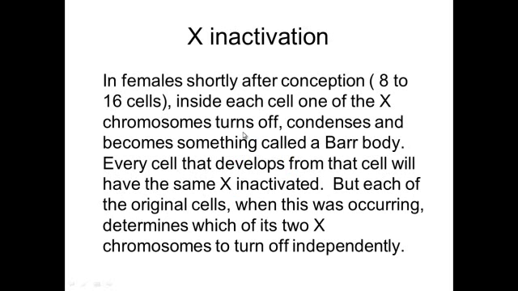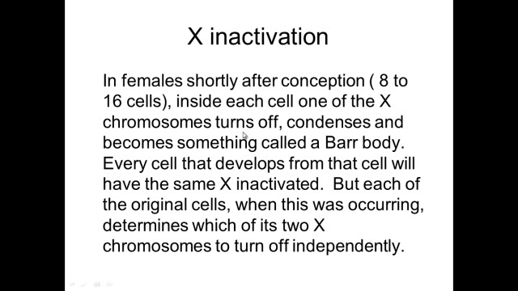Okay, X inactivation is not a disease. X inactivation is something that happens in all females. In a female, when you are 8 to 16 cells big, so you're not very big, the cells have divided a couple of times.